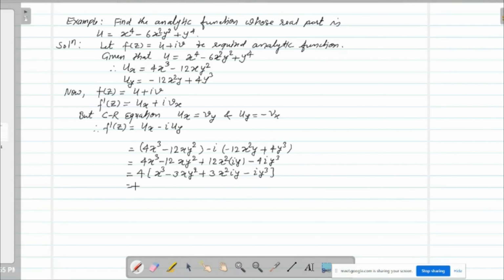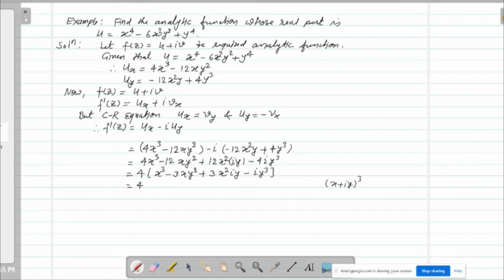Now we can observe that the degree of each term will be the same. So this is something like the formula of x plus i y to the power 3. So we must make the formula of this. So let us make this formula.